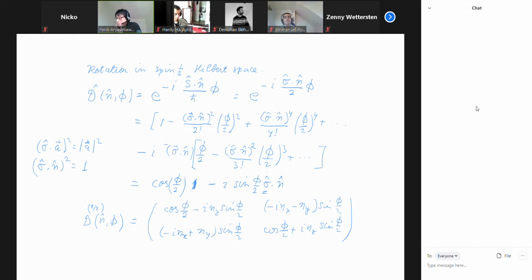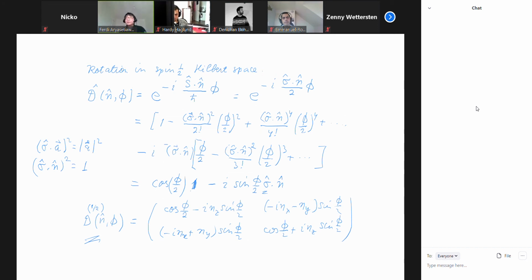Now, what I want to do here, okay, so then we have time, okay, we can try. Let's apply this rotation matrix to find the eigenstates of the spin operators along an arbitrary direction in space.